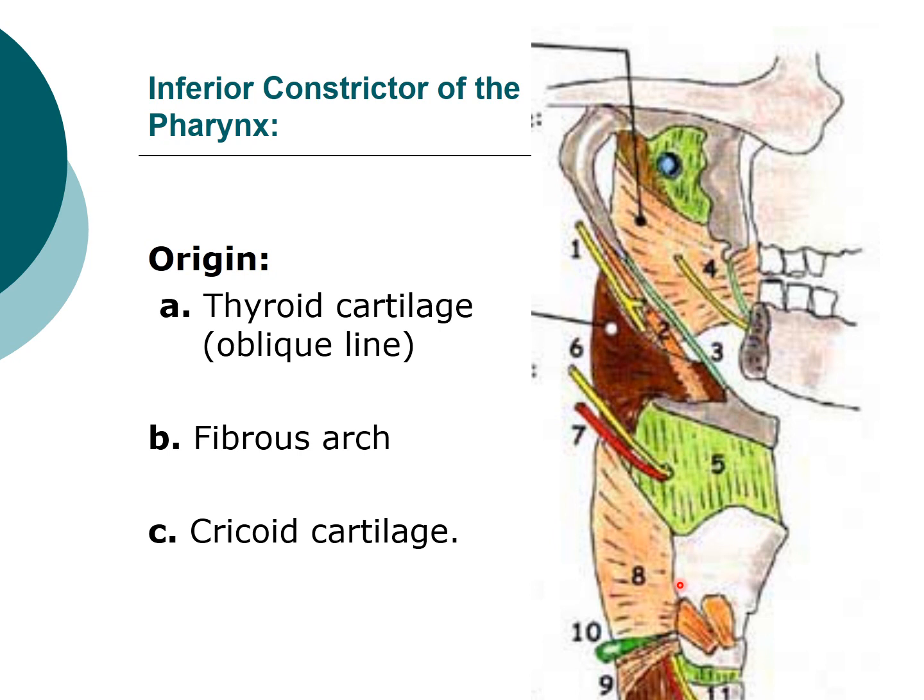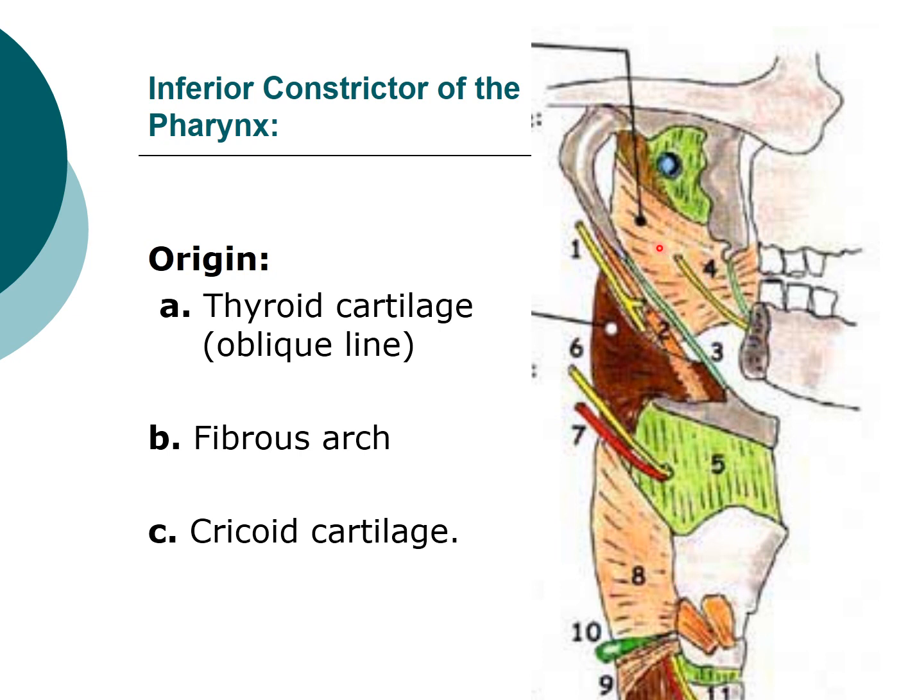So also here we have three places to be attached to. What about the insertion? The same, pharyngeal tubercle and pharyngeal raphe. So remember the origin of each one of the constrictors from three places.